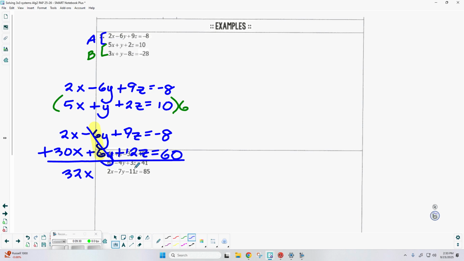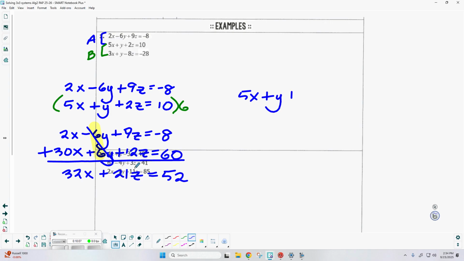I need a 9z plus a 12z, plus 21z is equal to, and then negative 8 plus 60, that's 52. So that's a brand new equation, but with only two variables. You'll notice that's what I referred to as equation A. Now the bottom two, we're going to do the exact same thing. So I've got 5x plus y.